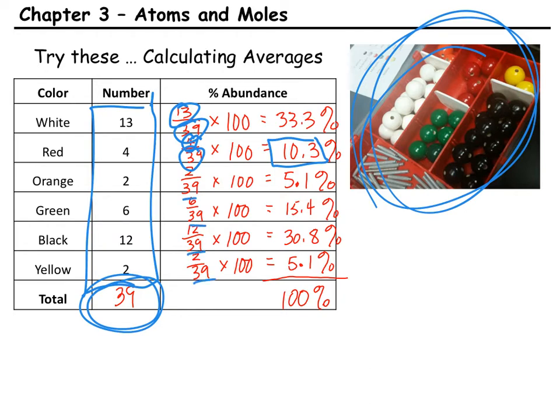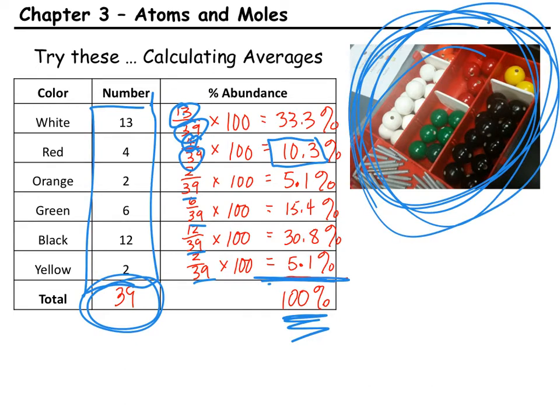You take the occurrence of each one divided by the total, and you can get the percentage of each color. Of course, our percentages should all add up to 100 if we're doing something right, so we can kind of check. So this is what we mean by the percent abundance. Out of this whole sample of marbles, each one of these percentages applies to each one of those different colors.